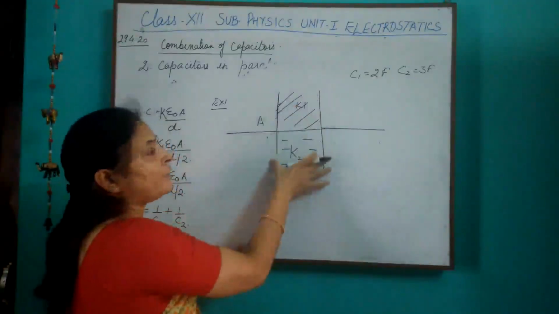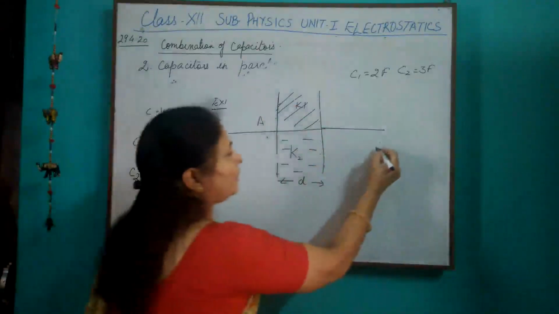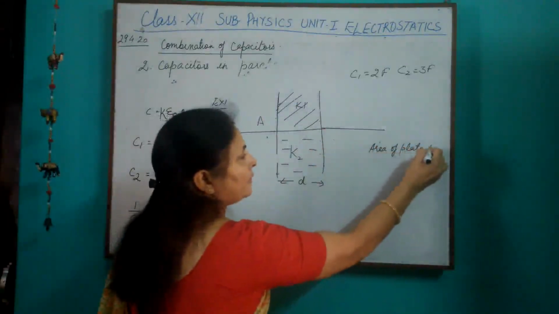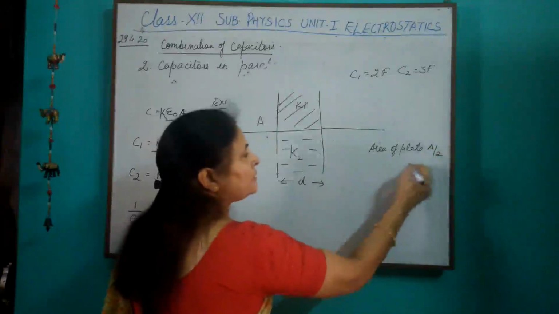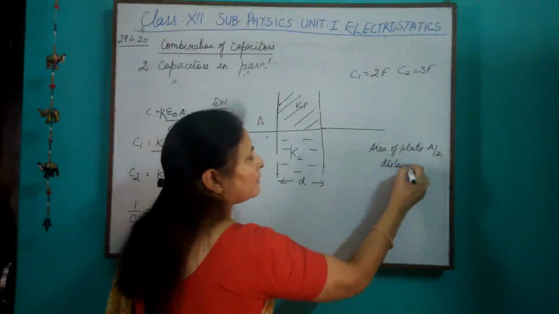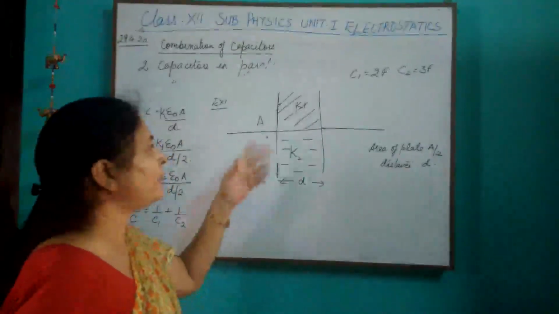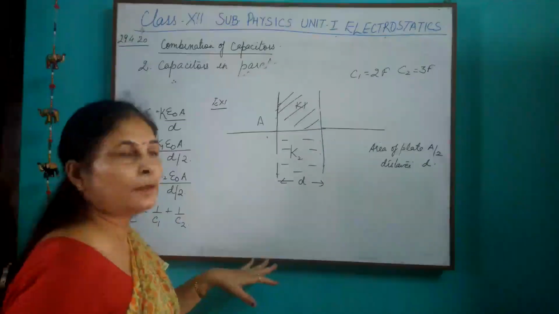If it is half filled, then the area of plate will become A by 2. Distance will remain D only. So we'll find out the capacitance separately first.